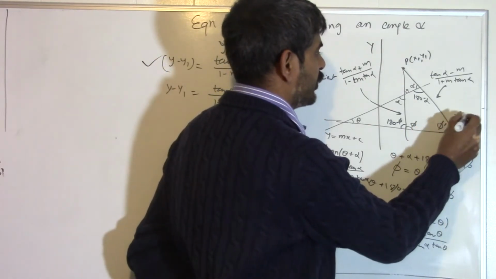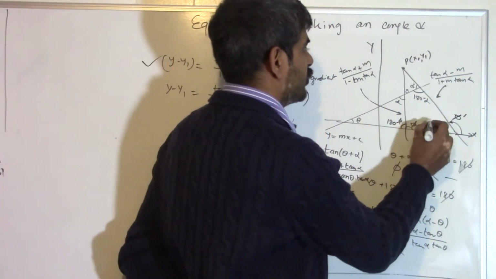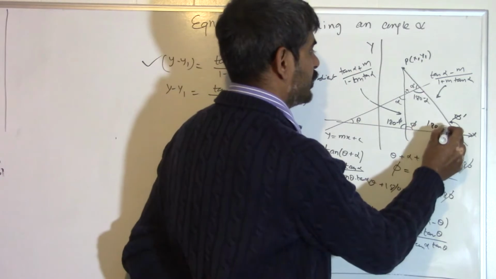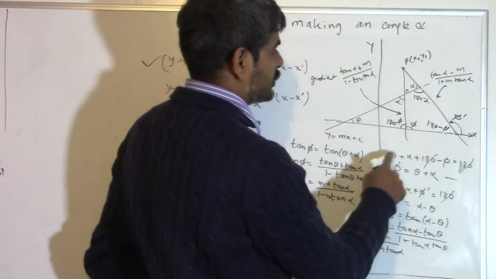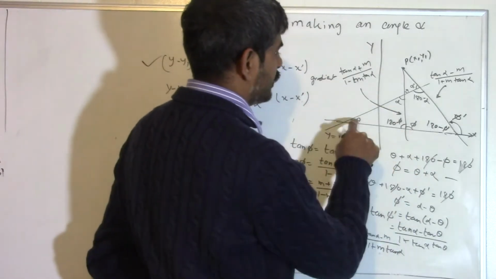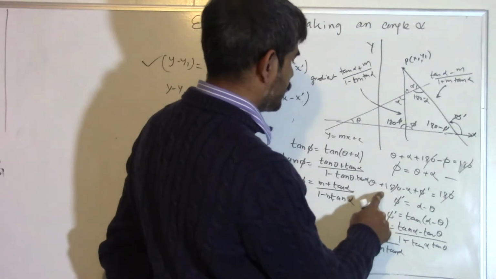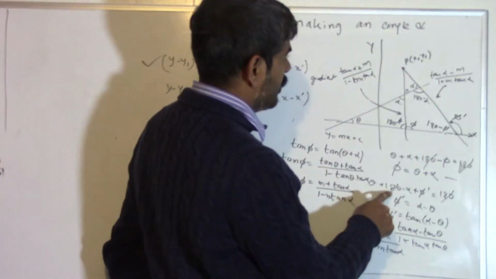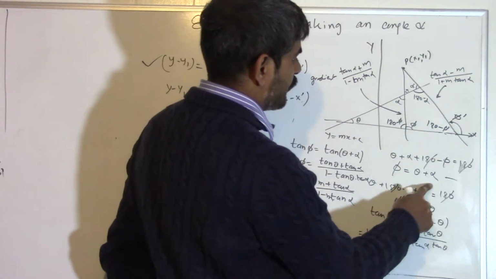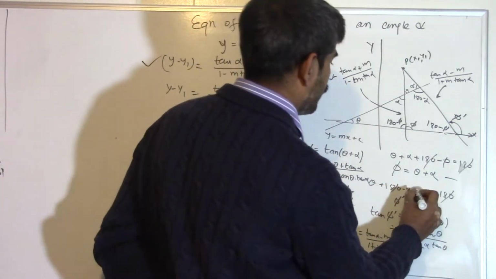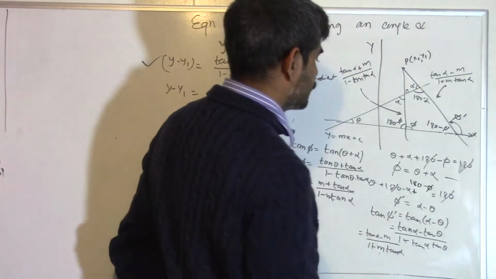This angle is what is required. If this is phi dash, then this is going to be 180 minus phi dash. Which means that in our equation, we should have taken theta plus 180 minus alpha, plus instead of phi dash, we should have 180 minus phi dash.